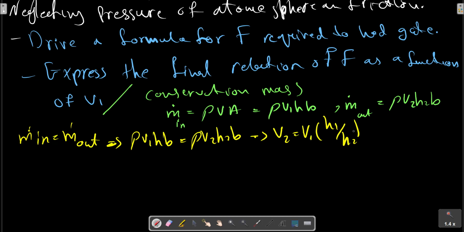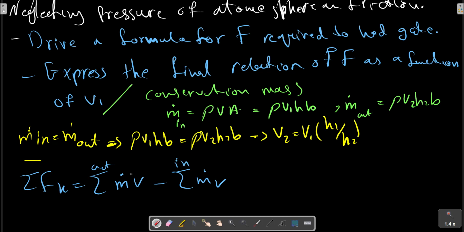We may use gauge pressure for convenience because a uniform atmosphere pressure causes no force. As shown in the previous example, in the x direction, the net horizontal force equals the x-directed momentum. So we have only momentum: m dot out minus m dot in.